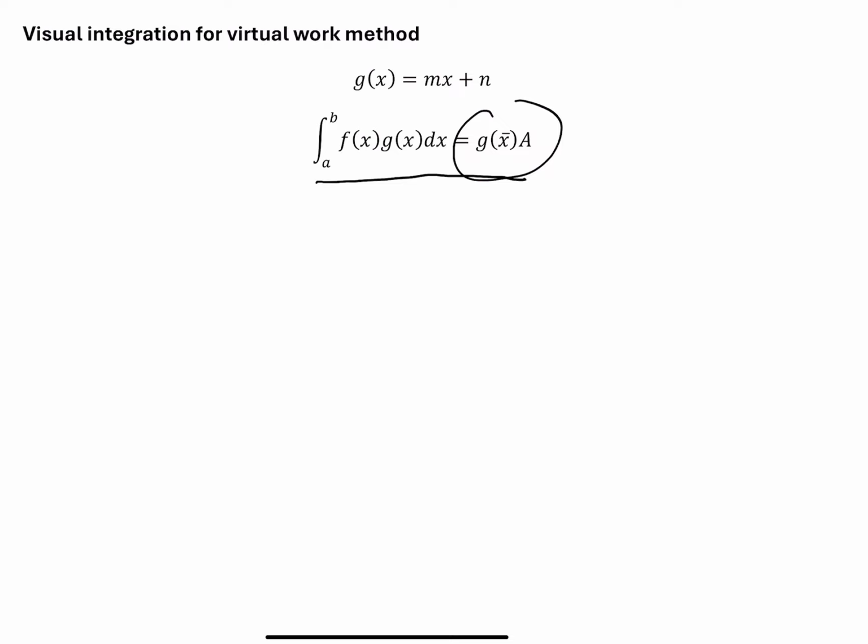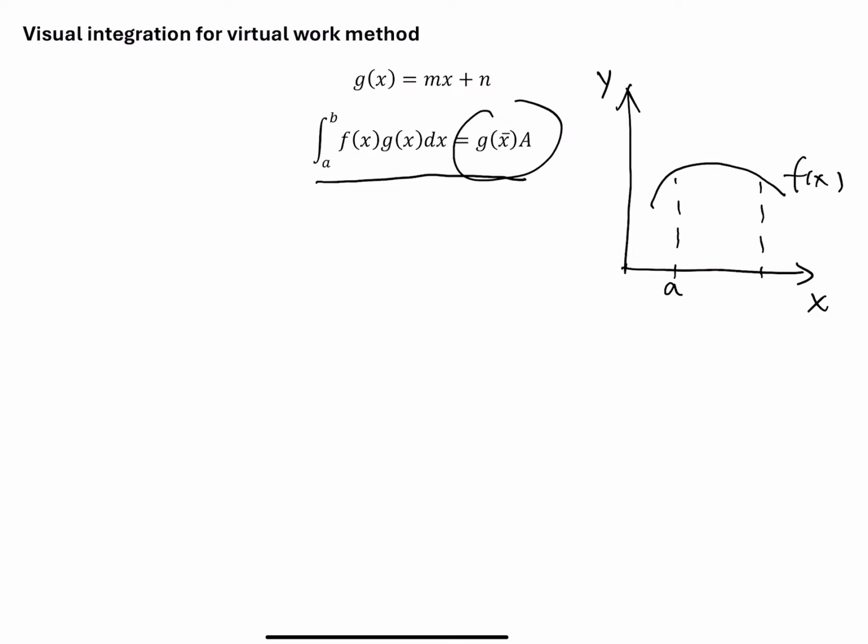If we see this in a coordinate system, say this is an xy coordinate system, and f(x) is a curve like this, this is point A, this is point B, and g(x) is a linear function like this.